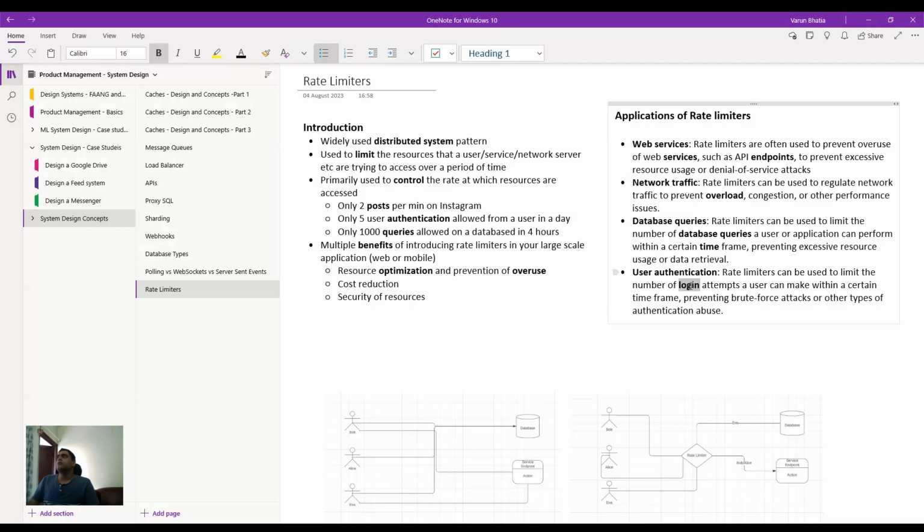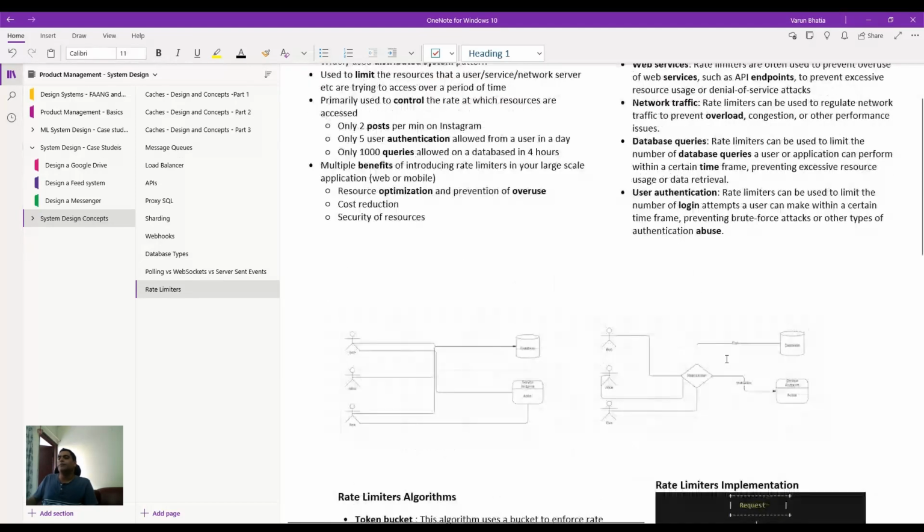You know that with 1,000 users, on average, 5 authentication attempts per user are allowed, right? So 5,000 overall daily authentications should come to you on average. If that 5,000 becomes 20,000, then you know that there is some sort of brute force attack happening, right? So you can rate limit and prevent such abuse as well.